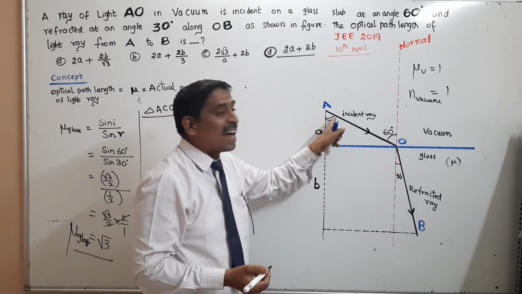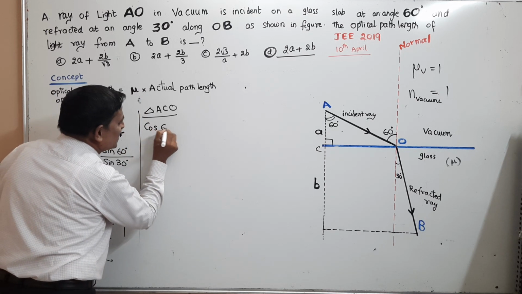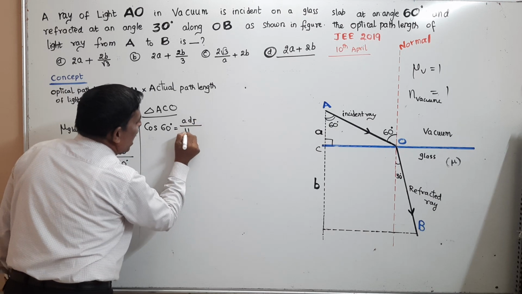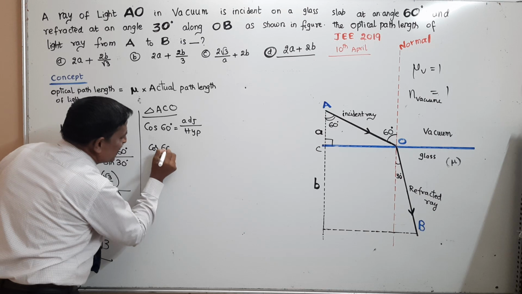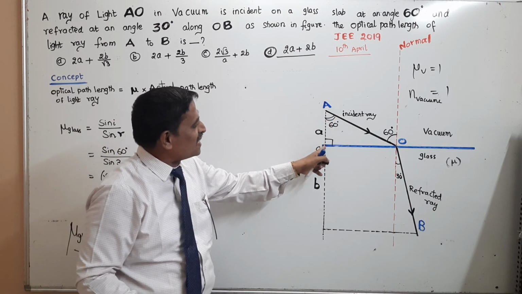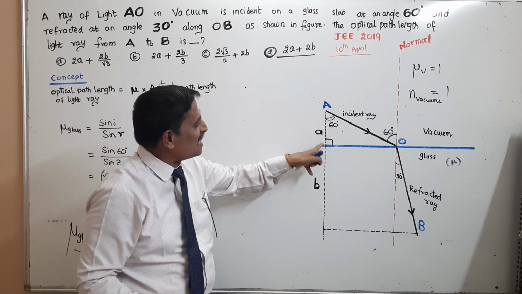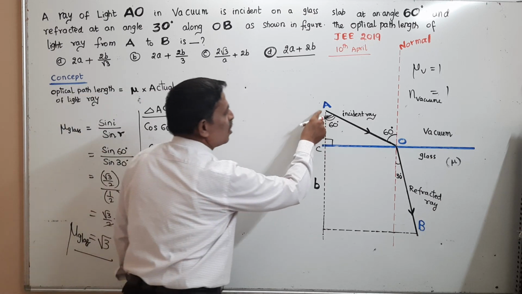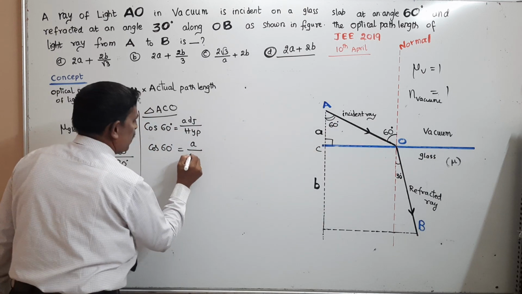In the triangle ACO, I am taking cos 60 degrees. Cos 60 degrees is equal to adjacent side by hypotenuse. Adjacent side means AC. AC distance is small a. Hypotenuse is nothing but AO.